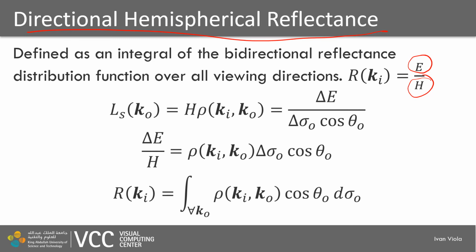If we assume that no light is generated at our surface, and only light shining on our surface from a certain direction Ki is reflected, then the directional hemispherical reflectance describes how efficient the material is in reflecting the light energy. And this, of course, can depend on the angle of the incoming light direction.